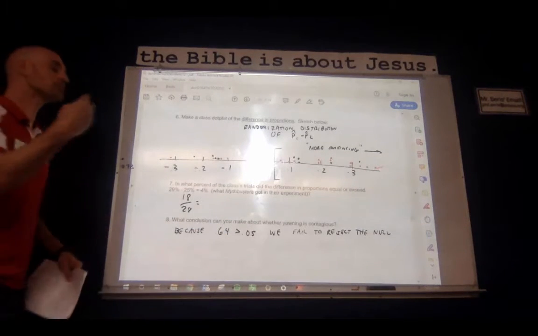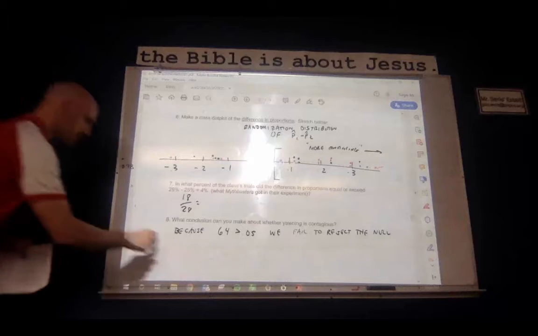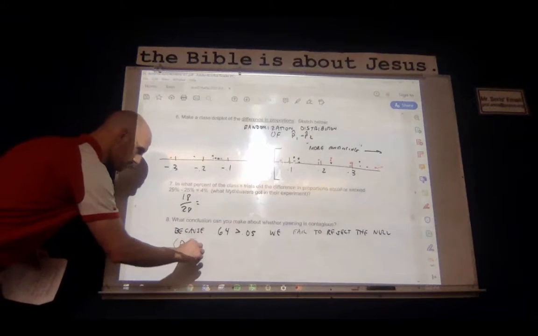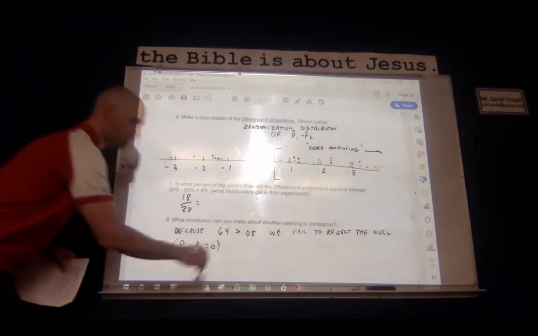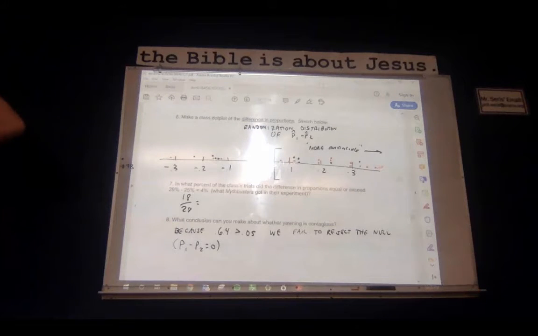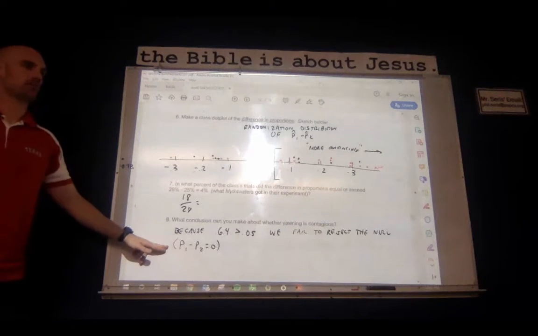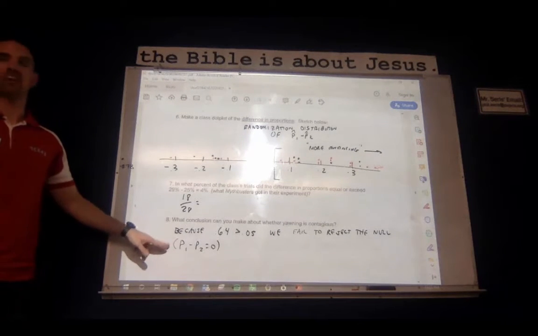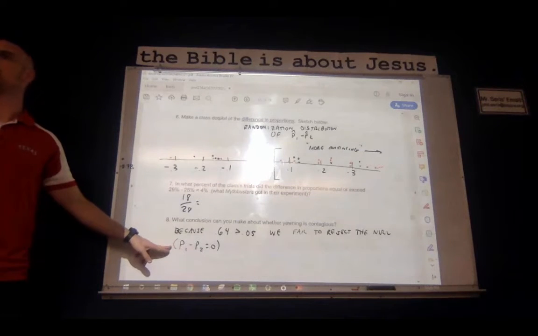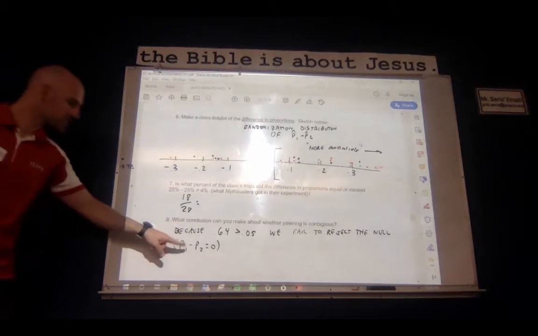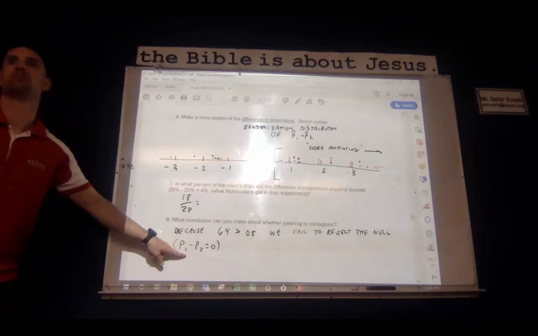So if we fail to reject the null, what was our null? Difference equals 0. So think about that for a second. It's above the alpha level, so we fail to reject the null. Meaning, let's just say that fail is the opposite of accept. If we accepted the null, what would we say? We would say the difference would be 0.